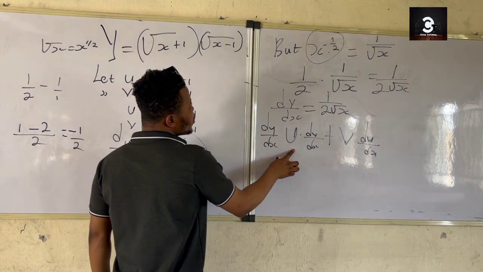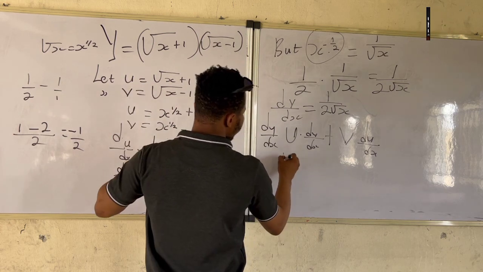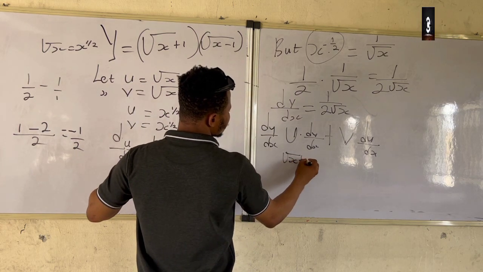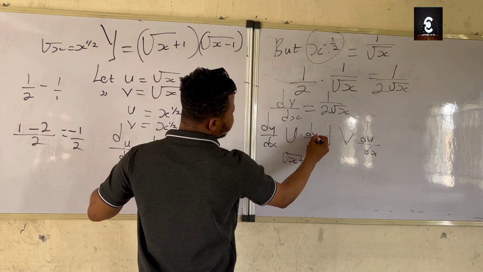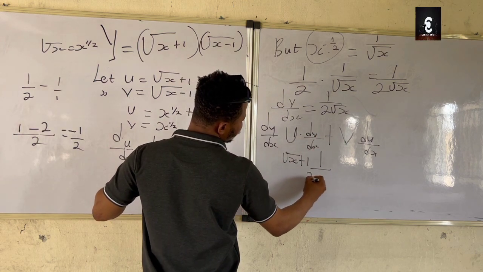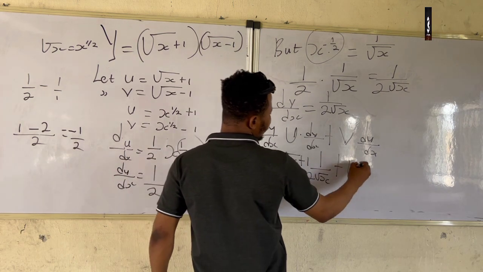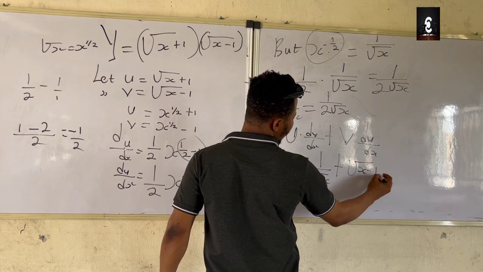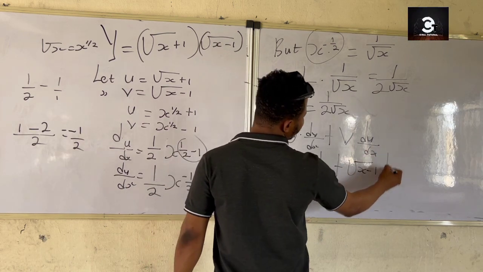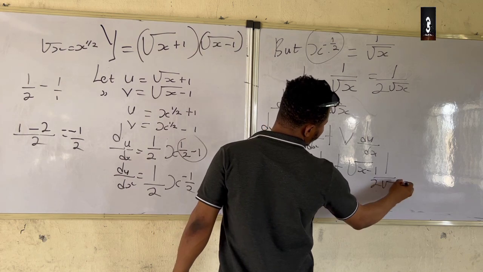What is u? My u in this question, like I told them, let u be square root of x plus 1. dv over dx is 1 over 2 root x. Plus, what is v? From the question I told them let v be square root of x minus 1. du over dx is 1 over 2 root x.